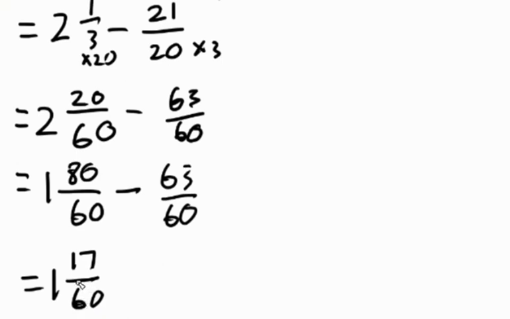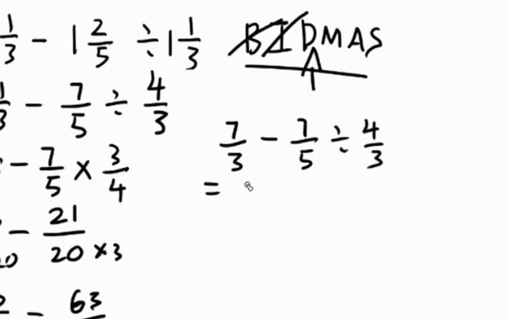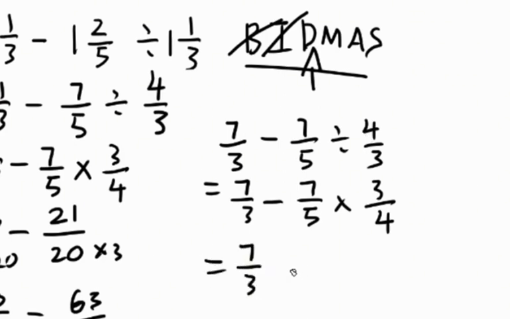And like question 9a, there are multiple ways to solve this question. We can also convert all of these fractions first, so they can be 7 over 3 minus 7 over 5 divided by 4 over 3. So this would become 7 over 3 minus 7 over 5 multiplied by 3 over 4. And it will become 7 over 3 minus 21 over 20.